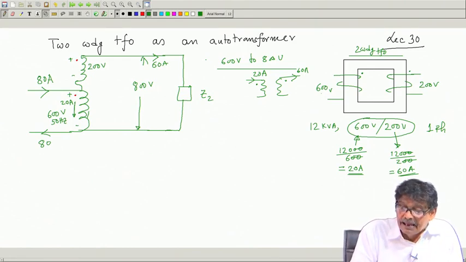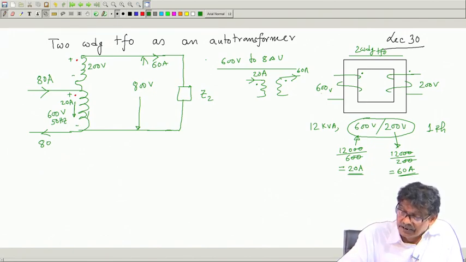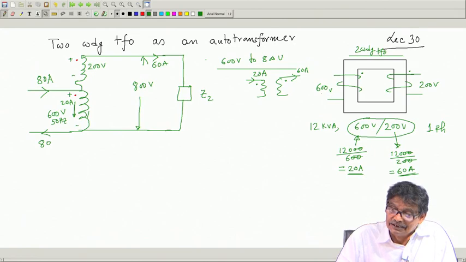Okay. And I will be very happy, flux will be at the rated value as in a 2 winding transformer when it is used, coils are carrying rated currents, that is also very good.